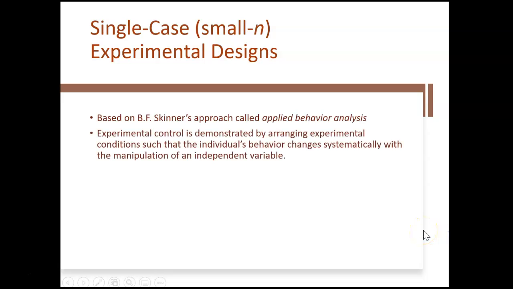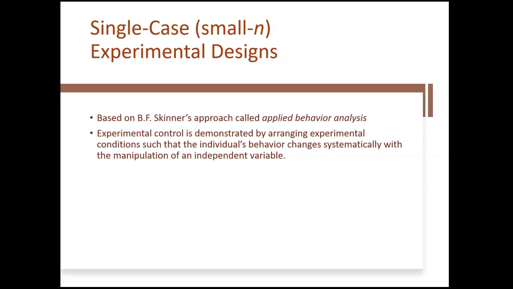The way these small n or single case experimental designs work is that you are able to build an experimental control by creating conditions such that you can show systematic changes in behavior with a specific, controllable independent variable, often called a treatment, or even more often called an intervention, that you're implementing.